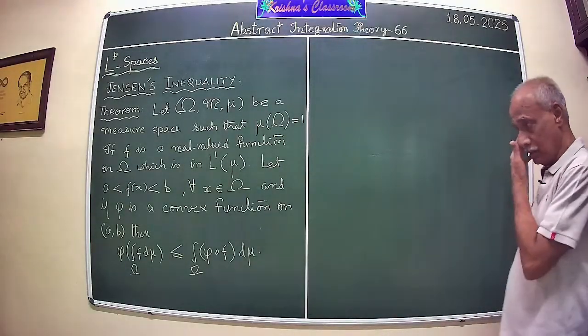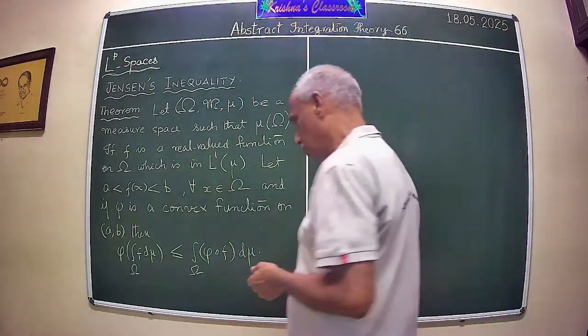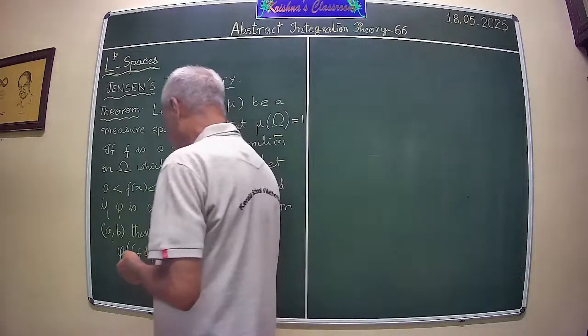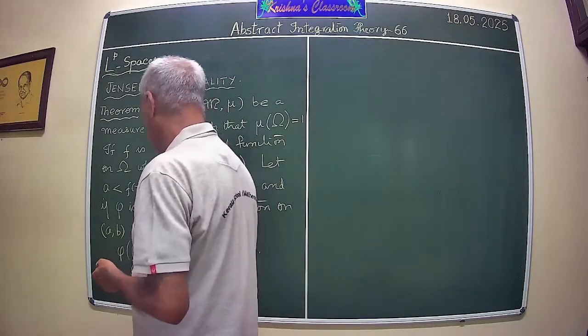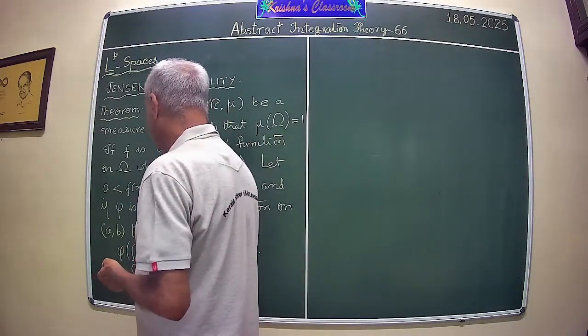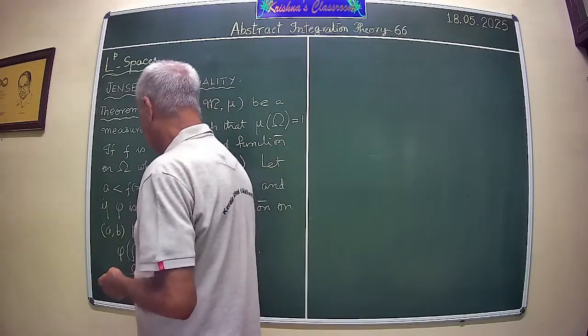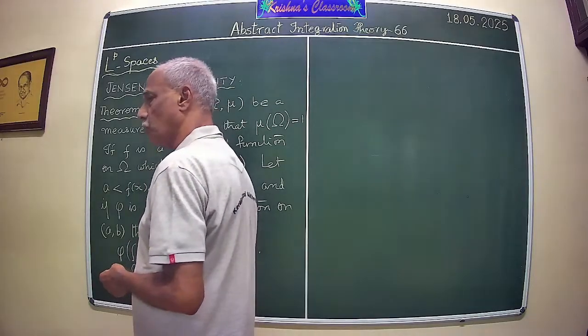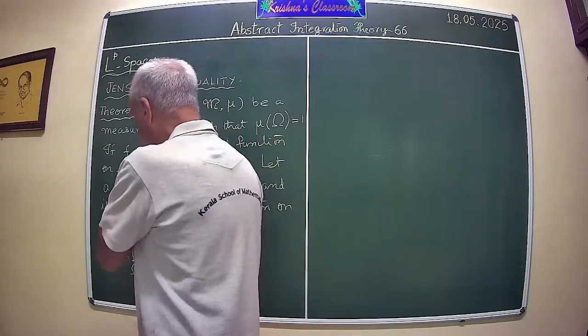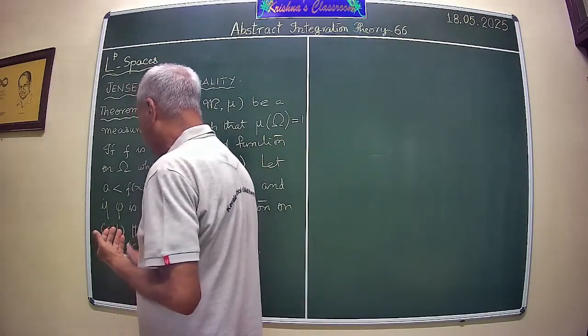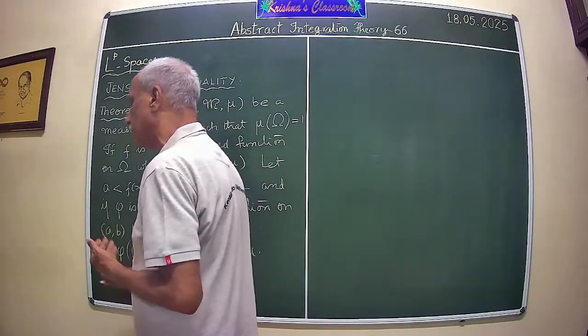Okay, so this part, integral f d mu, since mu of omega is equal to 1, you see that this lies between a and b. Therefore, phi is well defined.